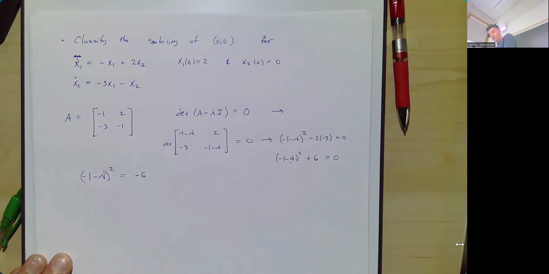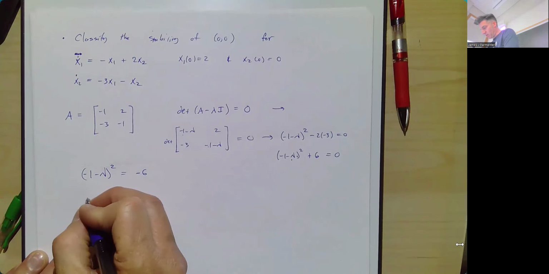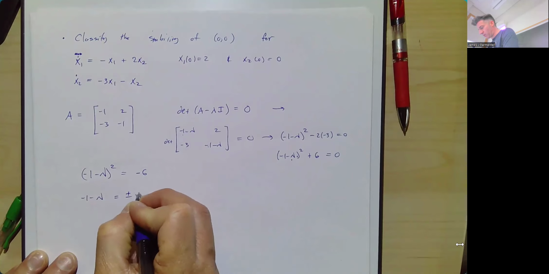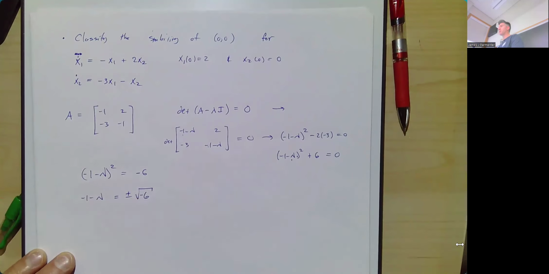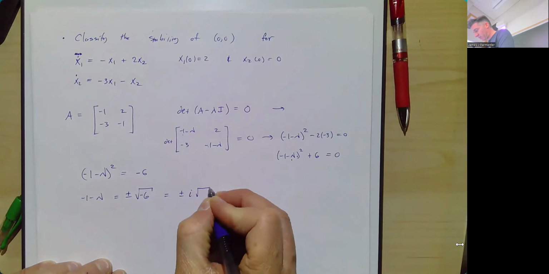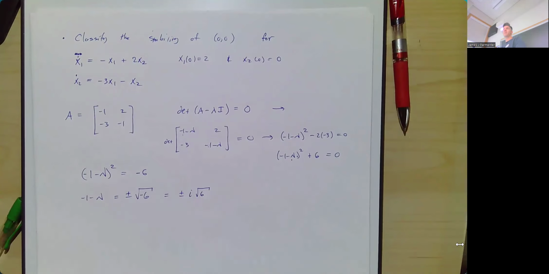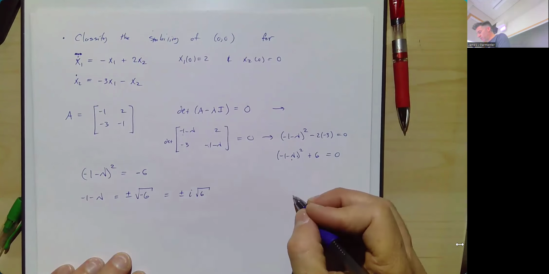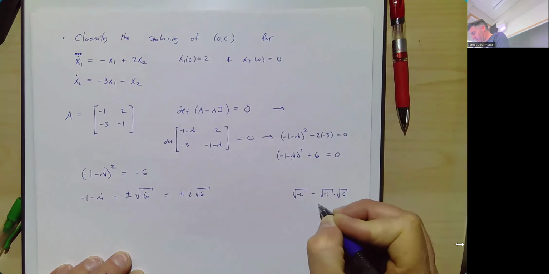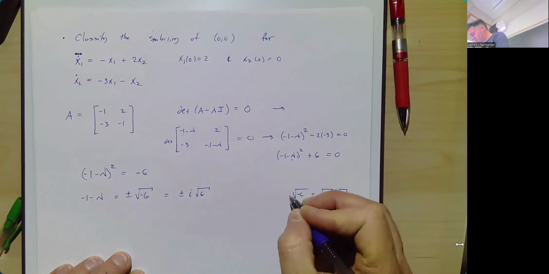I'm going to take the square root of both sides. So negative 1 minus lambda is equal to plus or minus the square root of negative 6, which I'm going to immediately rewrite as plus or minus i times the square root of 6. Because the square root of negative 6 is equal to the square root of negative 1 times the square root of 6, which is i times root 6.